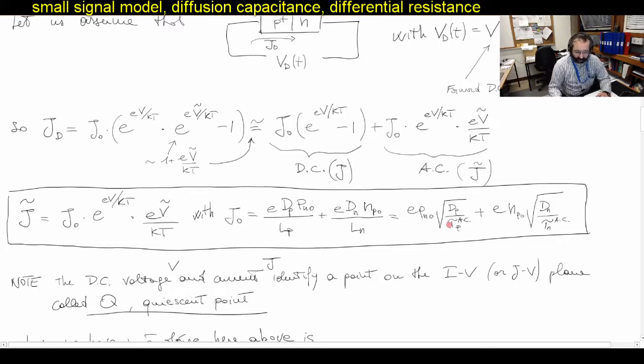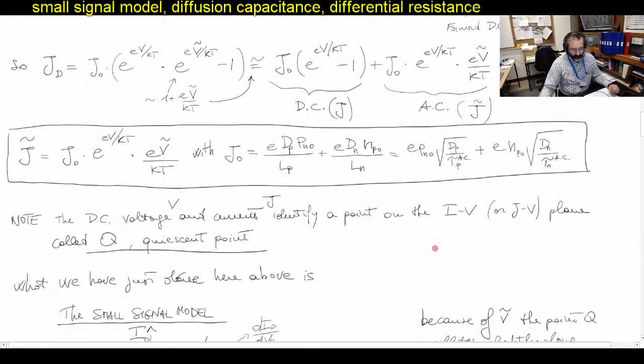As you can see here, normally we would put tau p or tau n, which is the lifetime of the minority carriers, in the n-type semiconductor and in the p-type semiconductor respectively. But I've added AC, and the reason is that tau p and tau n actually depend on frequency, and we will show it in a moment.